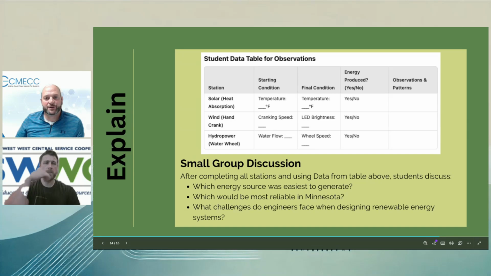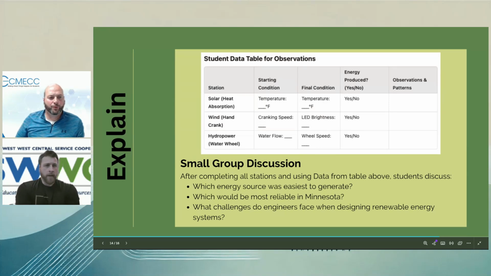What I like about this is there's also a spot for them to put their own observations that they discovered. Then the group they rotated around the stations with can have a conversation: hey guys, we went through these, which one seemed to be the best way to generate energy?